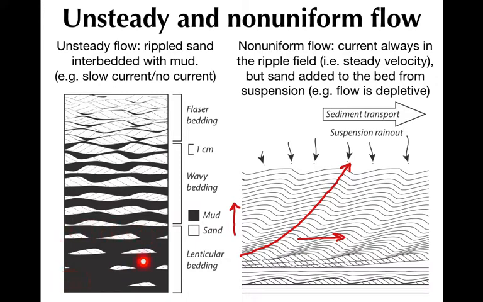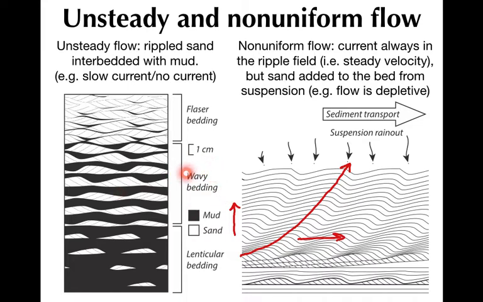This would be a situation where you have only short periods of time where you get a weak current and the rest of the time you have no current. When you have a stronger current for longer, you end up creating more and more sand beds and less mud.